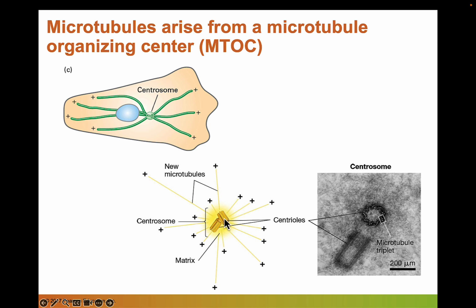And so centrioles are made up of microtubules in this unique organization. Okay, so there's this centrosome, and then there's this amorphous material in the matrix that has proteins that can help polymerization occur. And then we have growth, where it goes from the minus end to the plus end and continues to grow at the plus end.